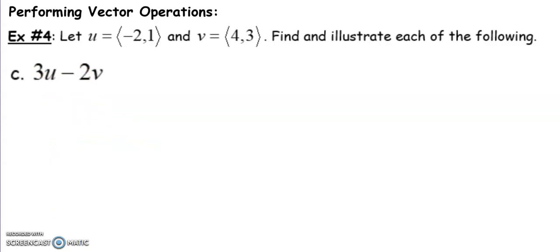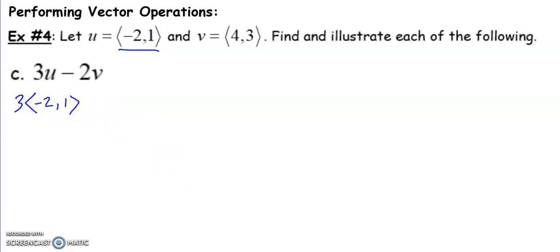Oh no, we're going to do a whole bunch of this, and you know what? Who really cares? So pause the video, try it, and then start the video again. See if you got what I'm about to get. All right, let's see what you got. So I am going to do 3 times the vector -2, 1.